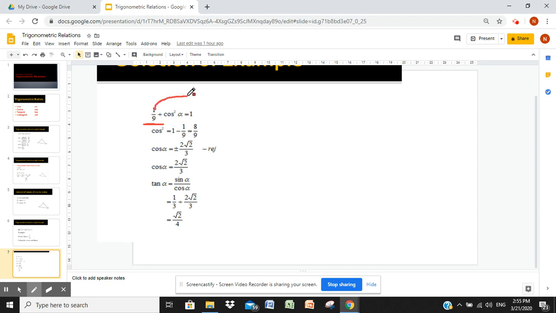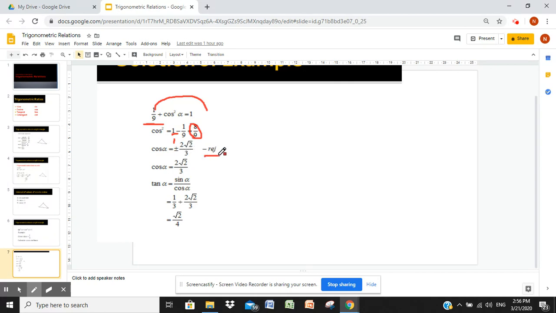So we bring this to the other side. We will get cosine squared is 1 minus 1 over 9. We make a common denominator and we calculate. It will be 8 over 9. So for the cosine, we take the square root of this, which is plus or minus 2 radical 2 over 3.